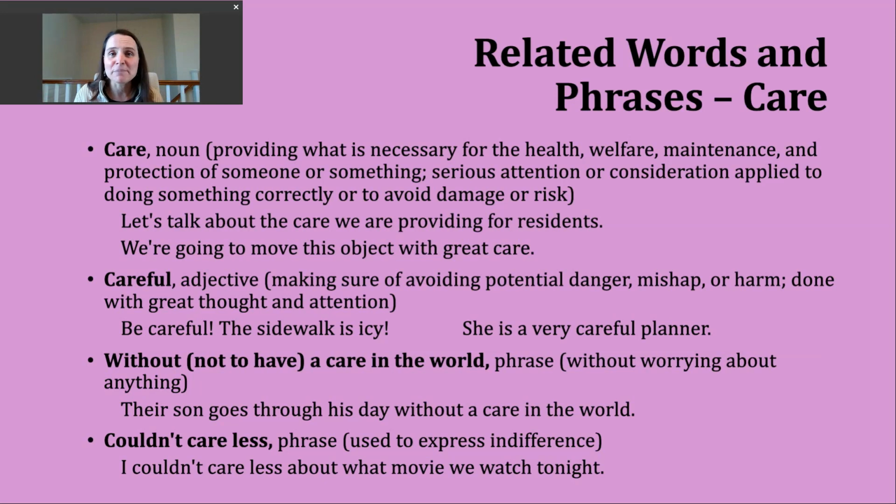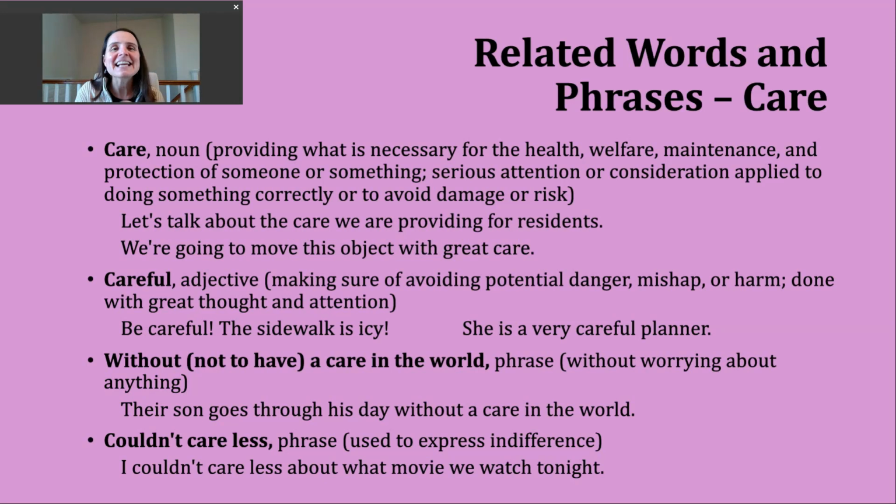So, an example of this: their son goes through his day without a care in the world. Okay? So, this is not someone who is worried or anxious. They might be very relaxed, or you might say laid back. Sometimes that can be really good, that can be healthy, but it could also be frustrating if you're the type of careful planner who wants to organize things and they just, whatever.